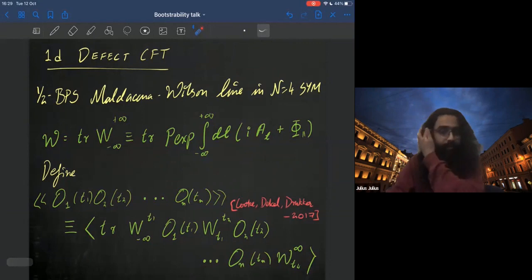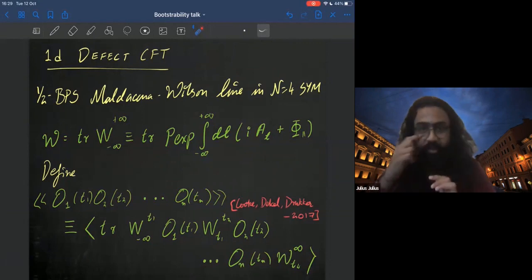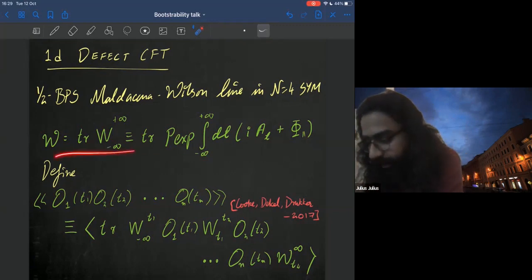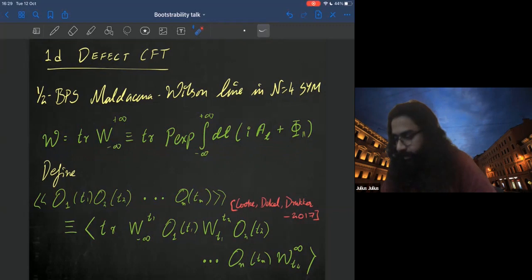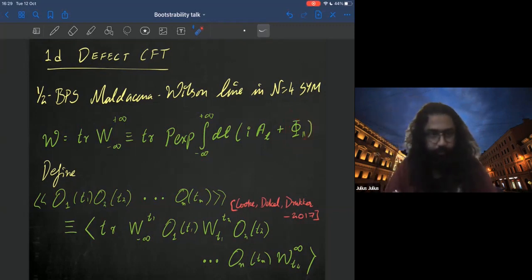All right. So as I said, if we take phi and theta to 0 in our Wilson line, then we end up on the half BPS Maldacena-Wilson line in N=4 Yang-Mills. This is just your usual Wilson line, but then also I include coupling to one of the 6 scalars, which I denote by phi parallel over here.